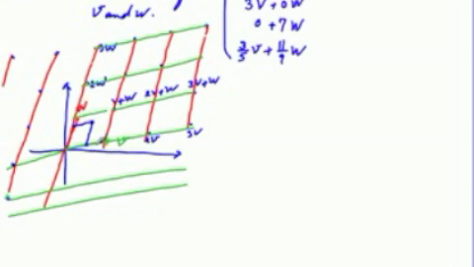Or 2/3 of v plus 3/7 of w, that would be another possible linear combination. If I consider all possible linear combinations, not just the whole integer multiples, like this point will be okay, this point will be okay, what does it look like? I'm going to end up covering the entire plane, is that right? So I can arrive at any point, any place.